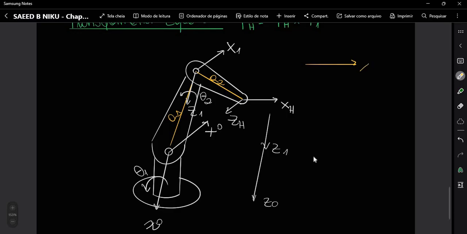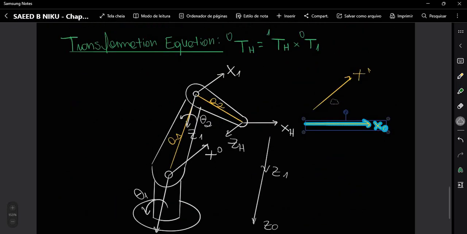So if x1 was right here and x0 right here, and this is because of the first motion of rotation, so they became in parallel because x1 was on this way and x0, let's say about this way, and after rotating they become in parallel this way.